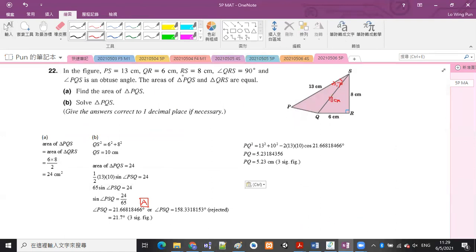And this is memory B. And now we have the length of PQ. So that is 5.23.